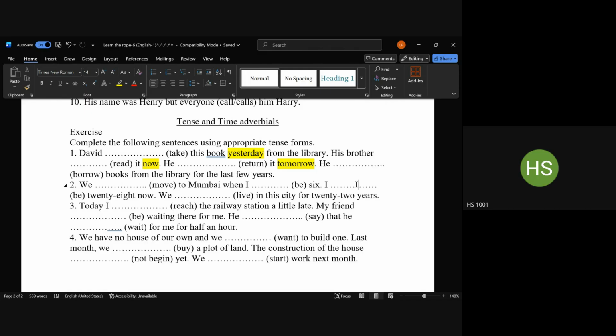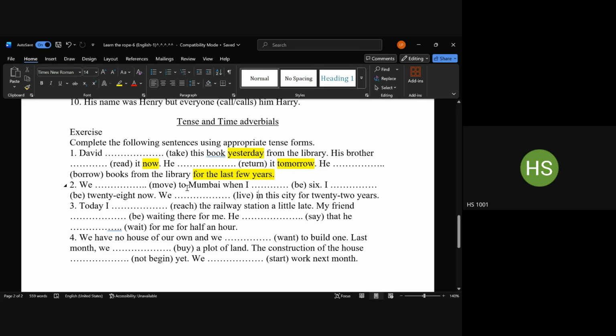So it has to be the present perfect continuous: has been borrowing books from the library for the last few years. For the last few years, right? This is again a time adverbial that does not directly indicate any tense inflection, but the phrase tells you about the meaning more clearly.